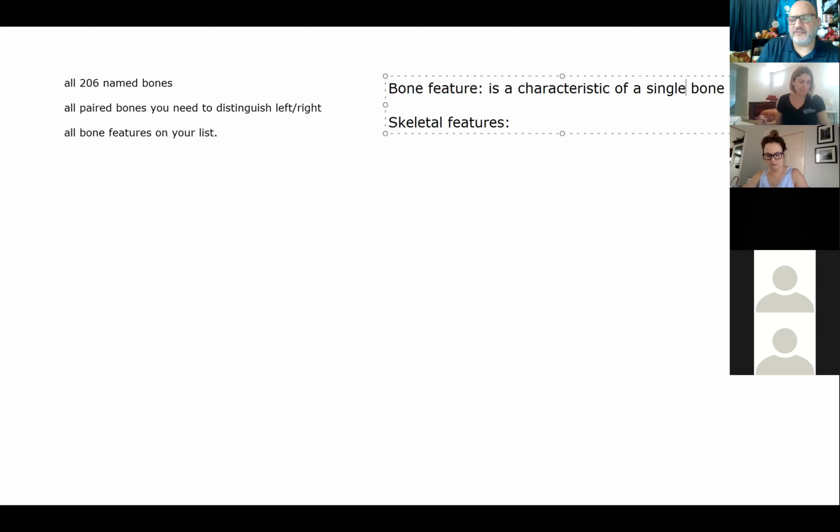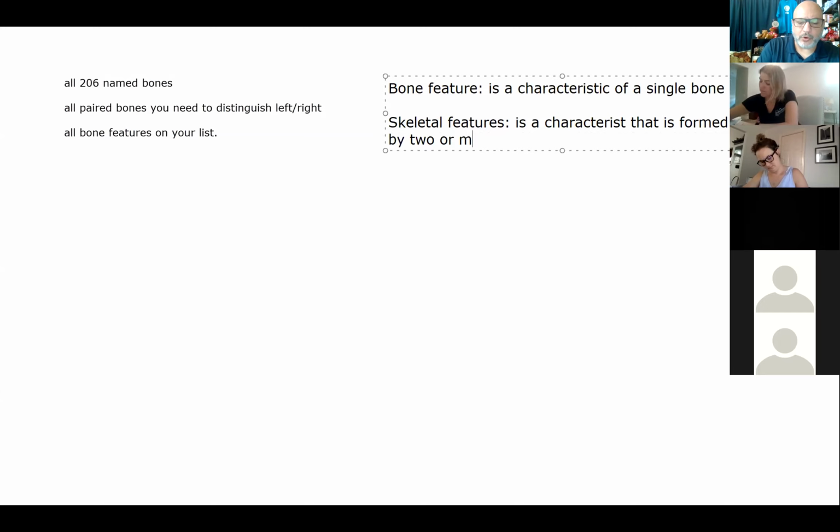I like that, characteristic of a skeleton, but we can be a little bit more specific. Is a characteristic that is formed by two or more bones.